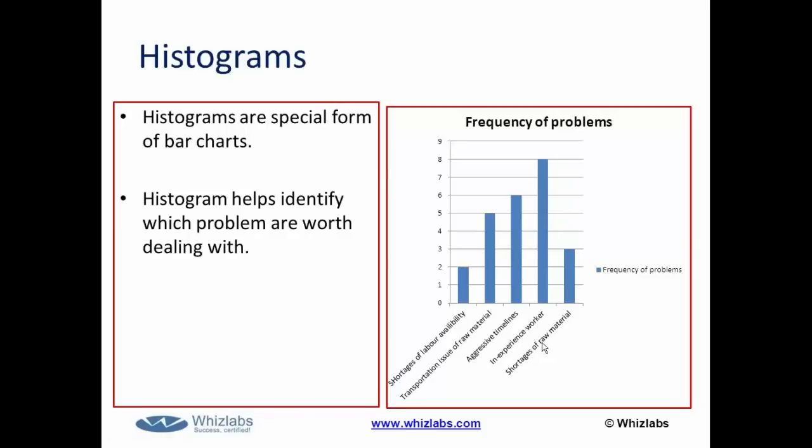You can use this histogram for problems and also for multiple solutions in your project, to see which solution needs to be prioritized the most. In the same way you can create a histogram for positive areas as well as negative areas in your project. So inexperienced workers are the highest problem in your project and need to be handled first. So that's called a histogram.